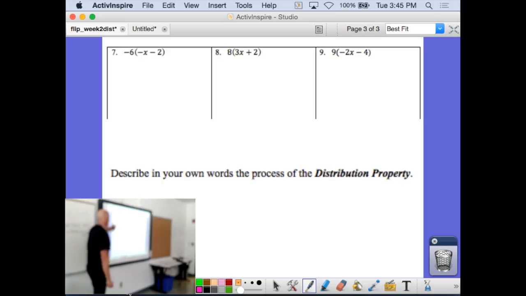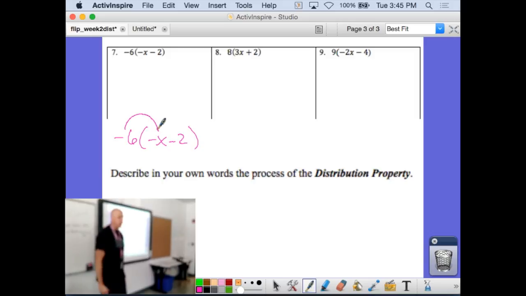Okay? Now we have some negatives that we have to worry about. So I'm going to rewrite it. Negative 6, negative x minus 2. Okay? What are we going to distribute? The negative 6. So what is negative 6 times negative x? Would it be 6x? It would be.